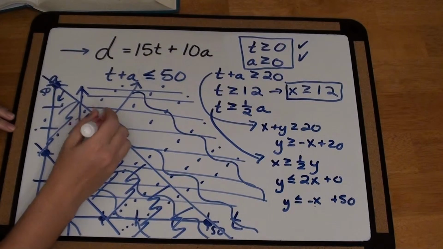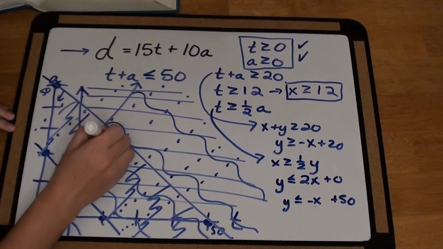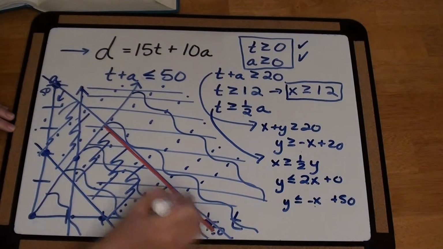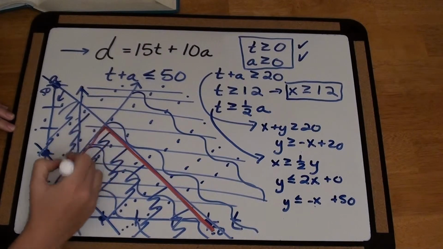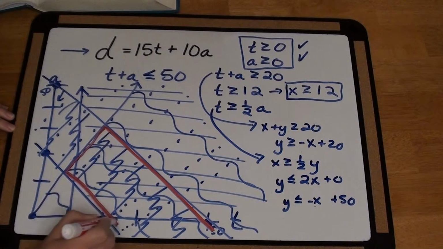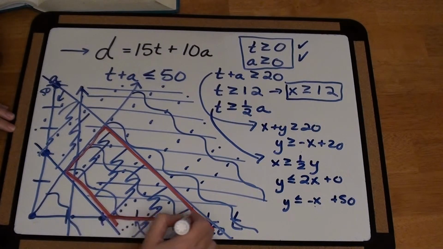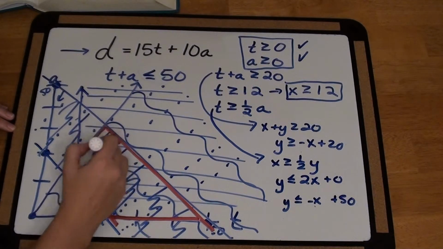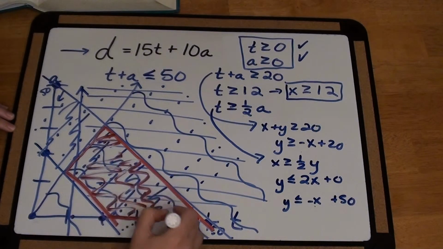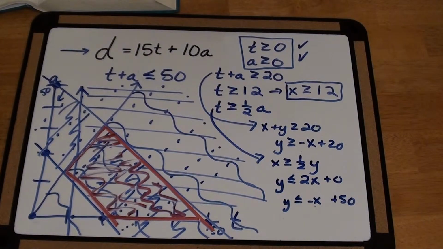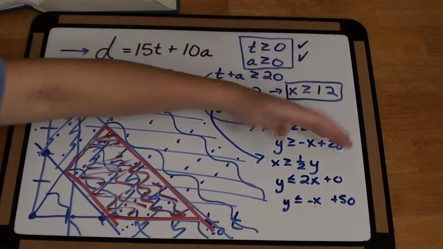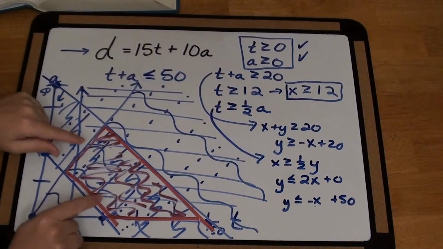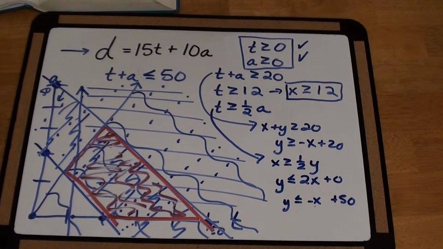is that this area in here, this is the area that's shaded by all of the different graphs. I made all the graphs, I shaded the areas, and this area on the graph includes everything.